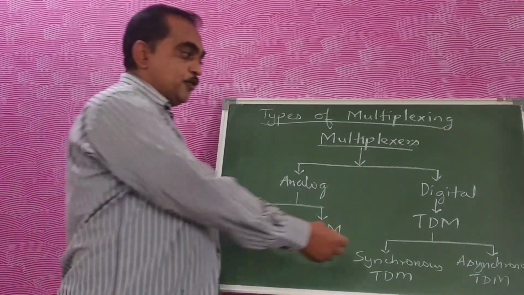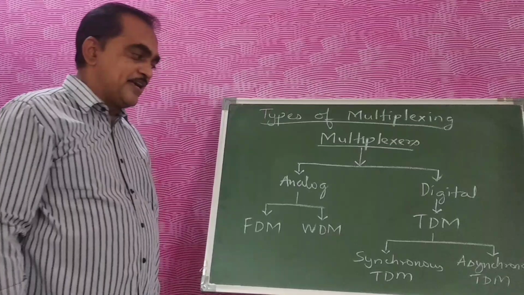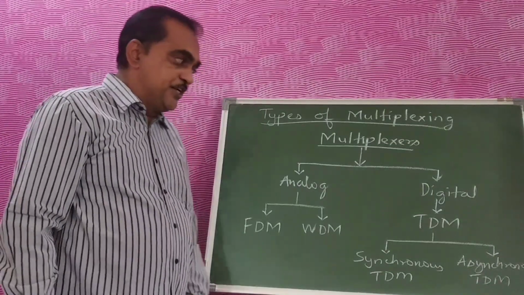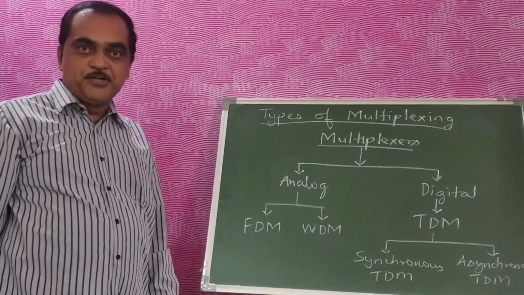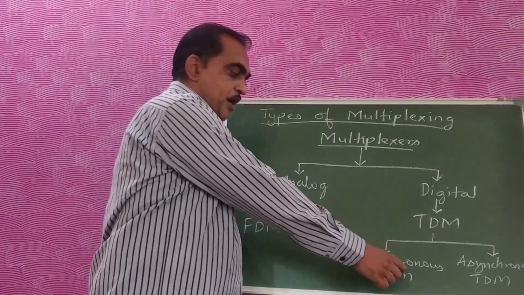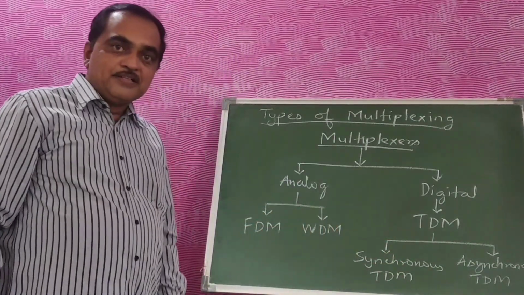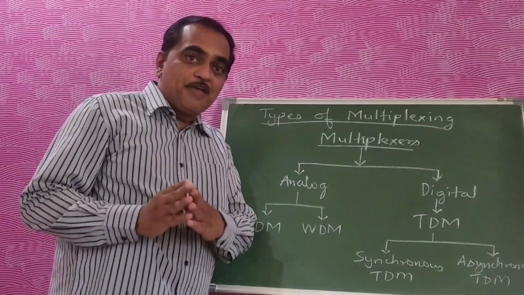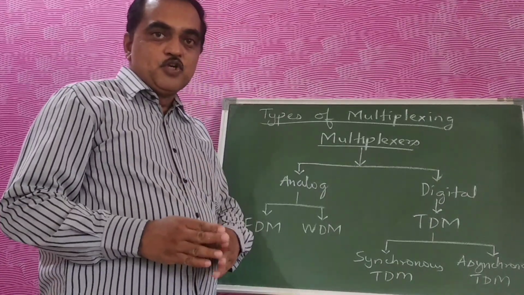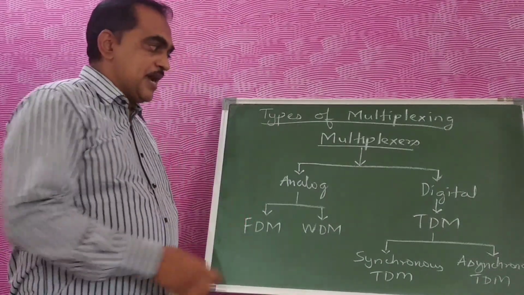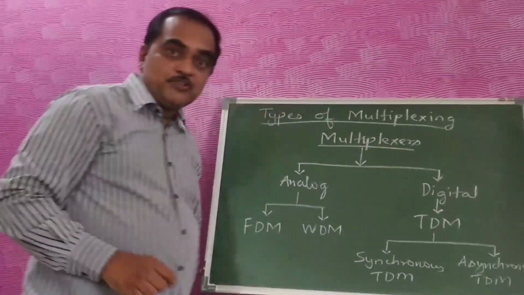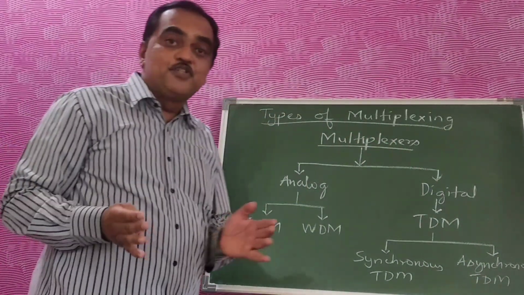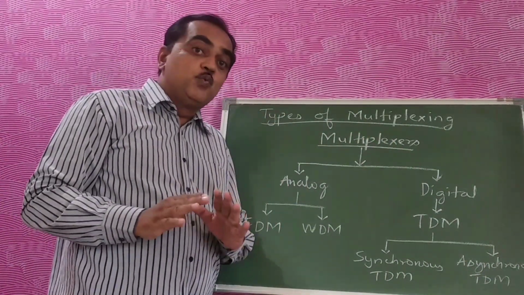Further, they are again divided as synchronous TDM and asynchronous TDM. In synchronous time division multiplexing, the signaling rate of every signal will be the same, so it is called synchronous. And in asynchronous, the signaling rate of every signal which you are going to combine as one will be different.